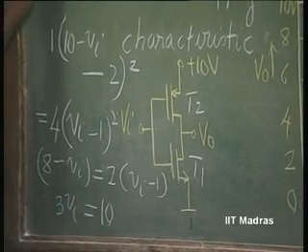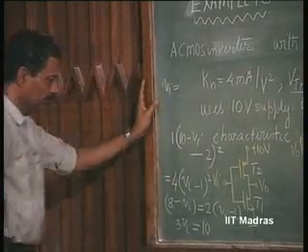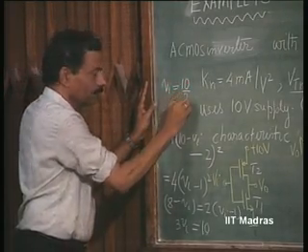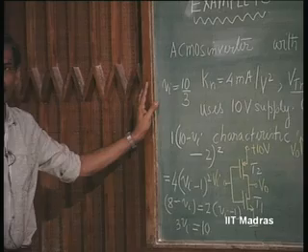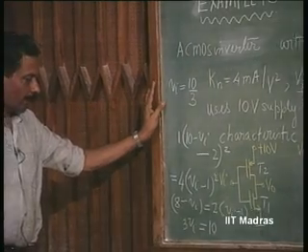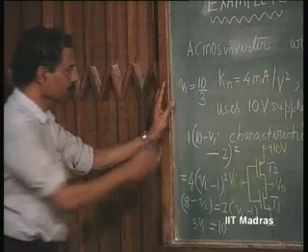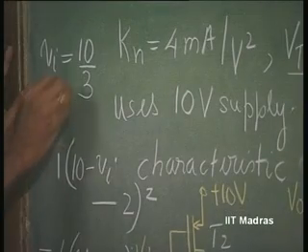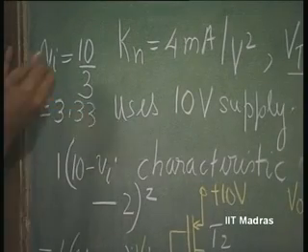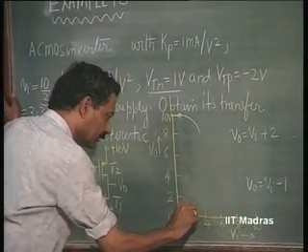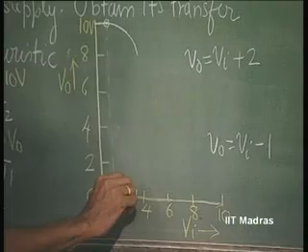So, Vi equals how much is it? 10 by 3. Is this clear? So, this is 10 by 3, is 3.33 and so on. So, somewhere here this is 3.33.